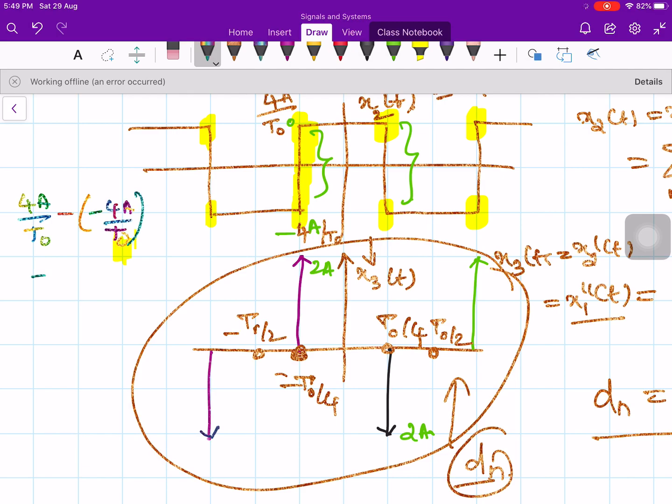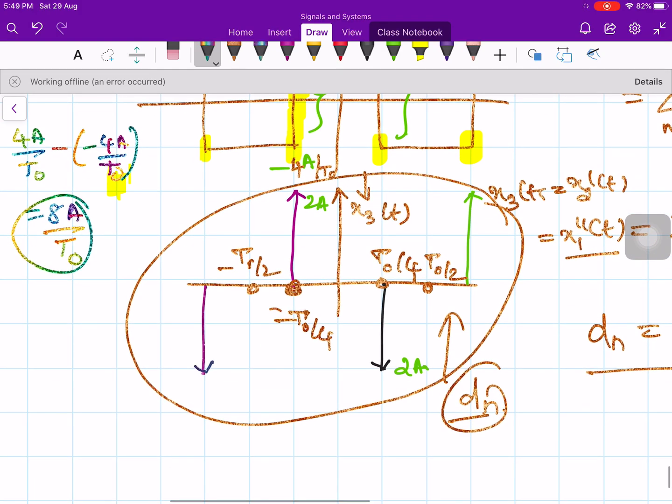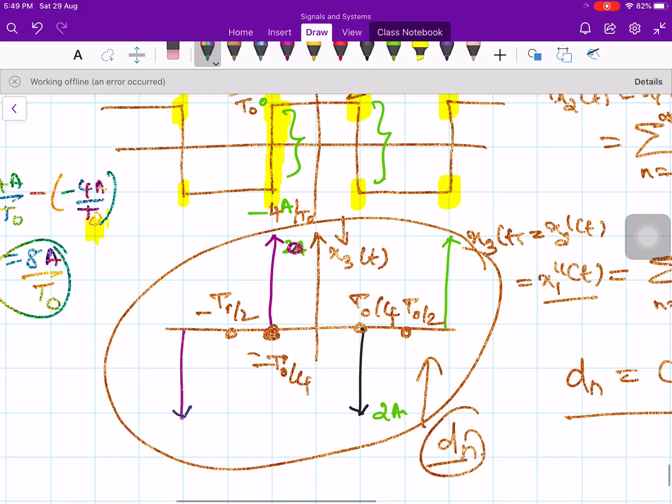So this is 8a divided by t naught. So that is the strength of this impulse, 8a by t naught, and this also 8a over t naught, minus 8a over t naught, and so on and so forth.